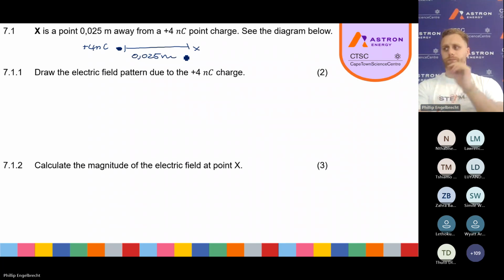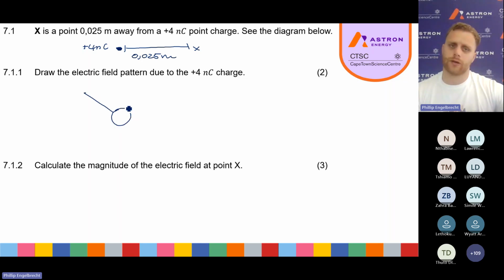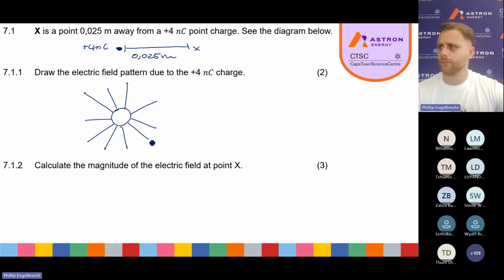Now, 7.1.1: draw the electric field pattern due to the positive 4 nanocoulomb charge. Again, it's almost like your force diagram. You can draw a circle and then draw your lines going out, almost like you're drawing a sun. Something like this.